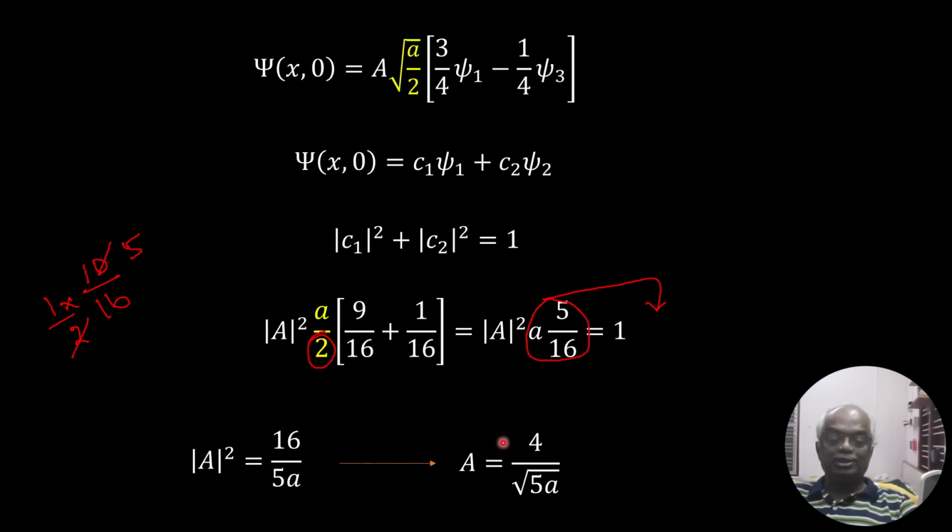If you take the square root, the square root of 16 is 4, and the square root of 5a is square root of 5a. So A is equal to 4 over square root of 5a. This is the normalization constant.